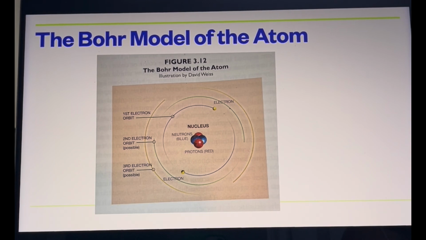So if an electron decided to jump out of orbit 1, it could not go just anywhere. It had to jump into another allowed orbit, such as orbit 2. And even though it could be in orbit 1 and jump to orbit 2, it could not be anywhere in between.